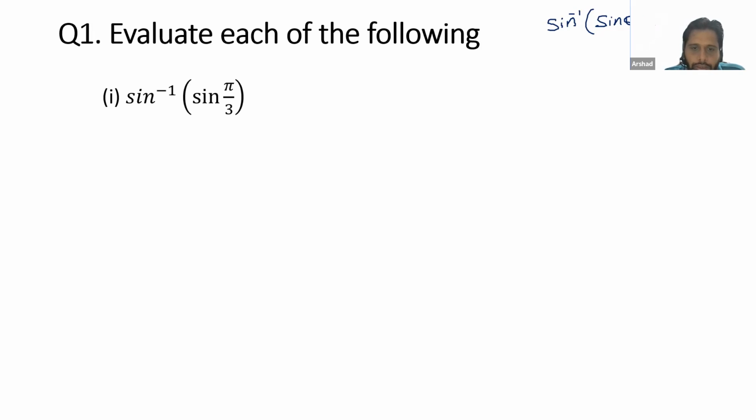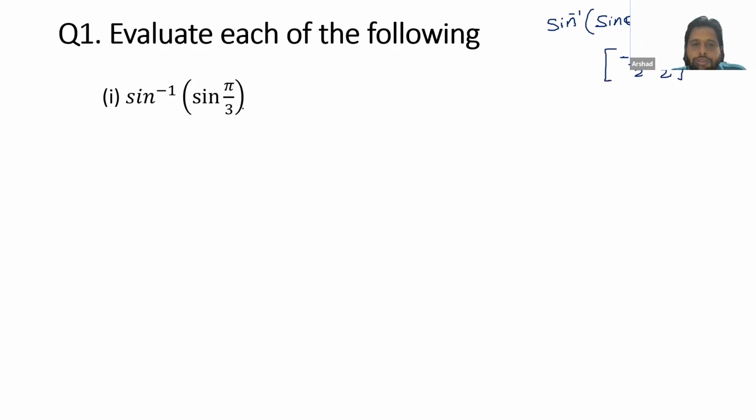So who can tell me, Fahad, what is the principal value branch for sine inverse? For sine inverse, what is the range? Minus pi by 2 to pi by 2. Okay, so we will use this formula when the angle is in the principal value branch. So check here, pi by 3 means 60.